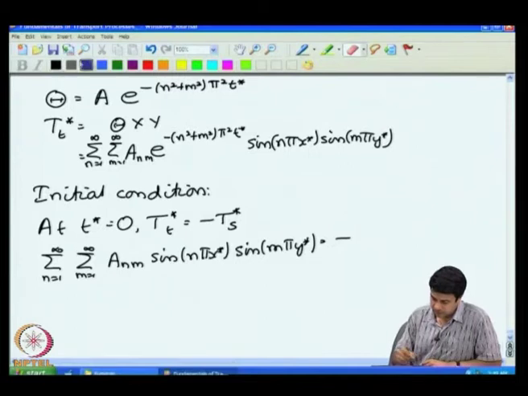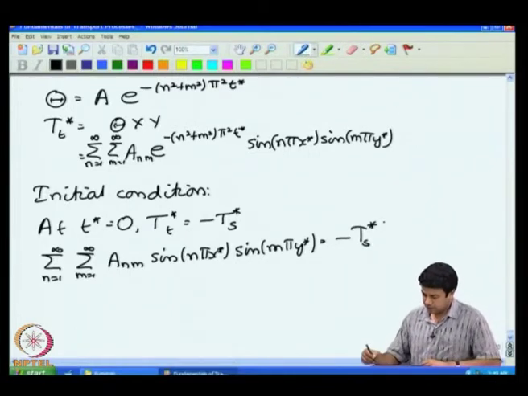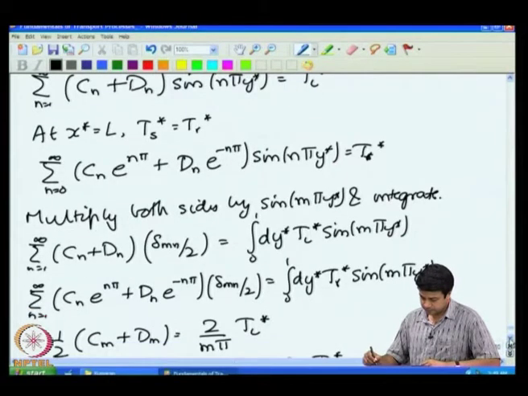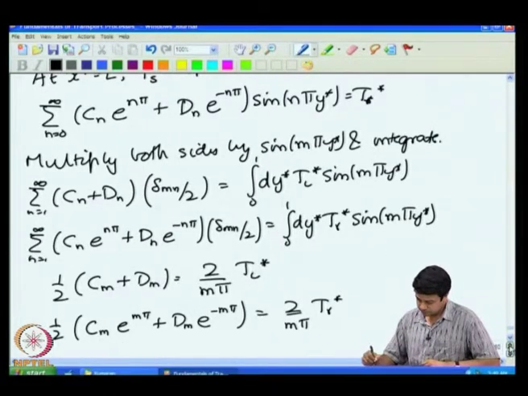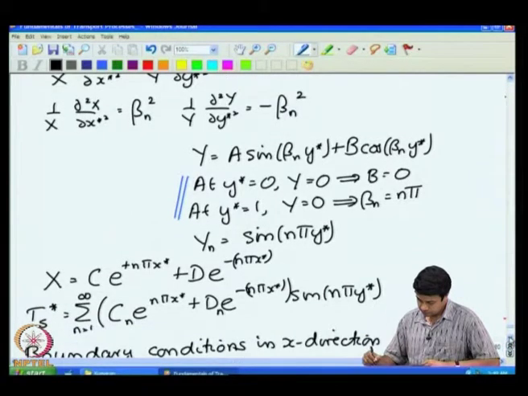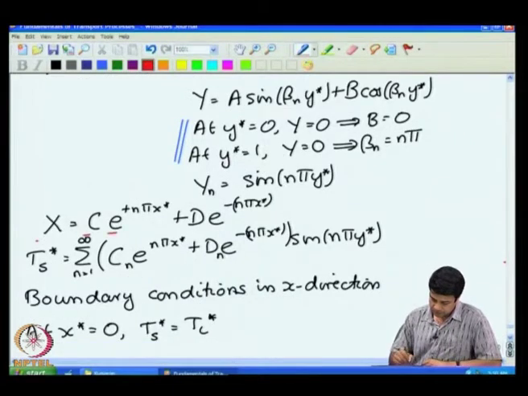I had got for you the solution for the steady state temperature earlier. So, this was the steady state temperature that we had got earlier.